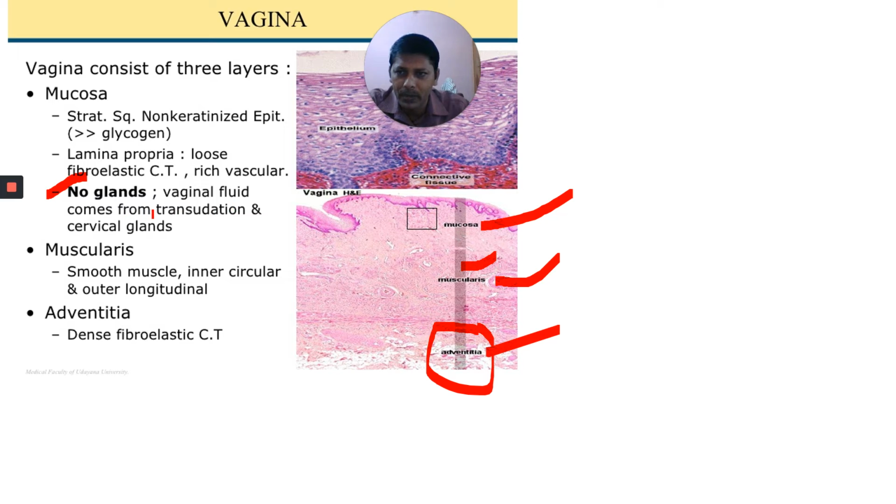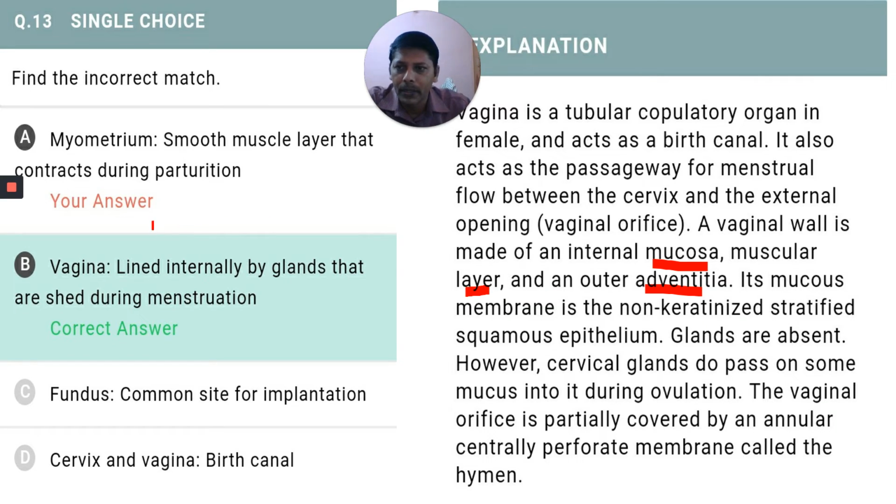Vaginal fluid comes from transudation and cervical glands, but here no glands are present. Here mucosa, muscularis, and adventitia are present, made up of different types of tissues mentioned here. That's about this bit. It is not lined by glands; glands are absent.